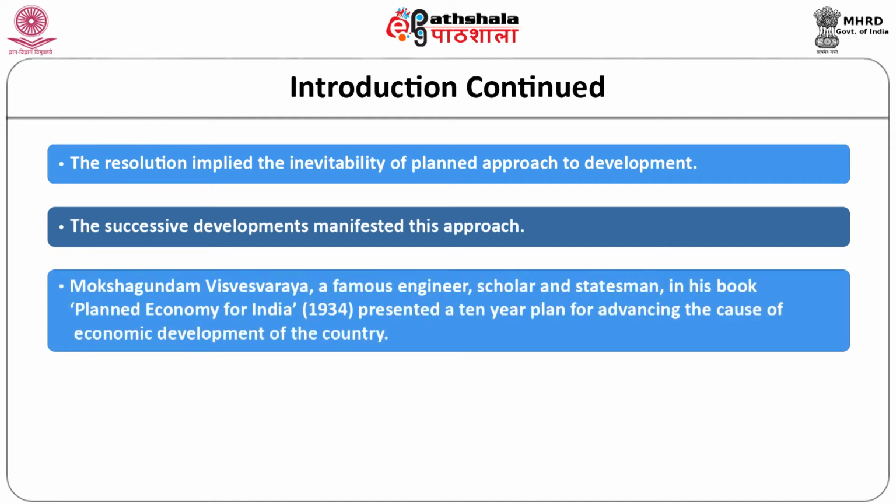M. Visvesvaraya was a famous engineer, scholar and statesman. In his book Planned Economy for India in 1934, he presented a 10-year plan for advancing the cause of economic development of the country.